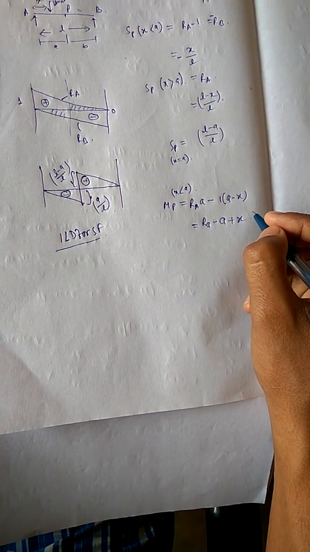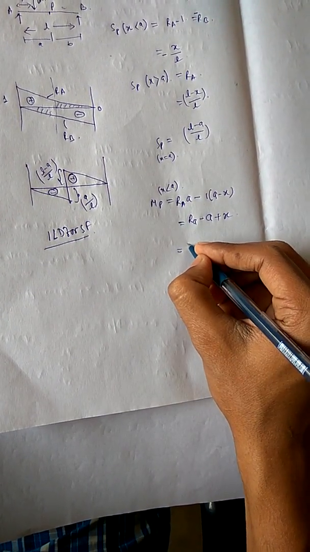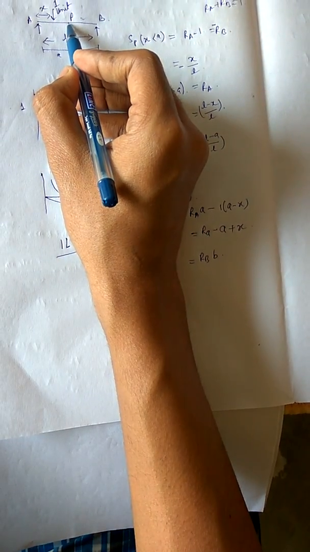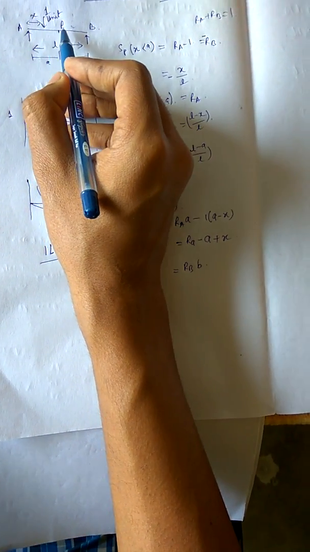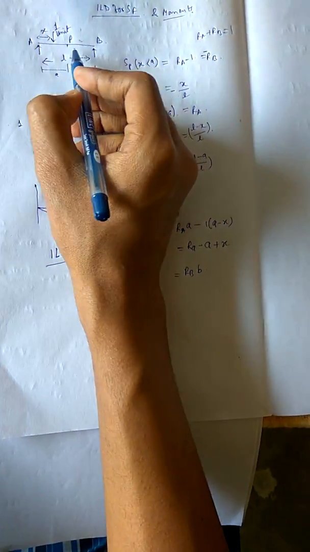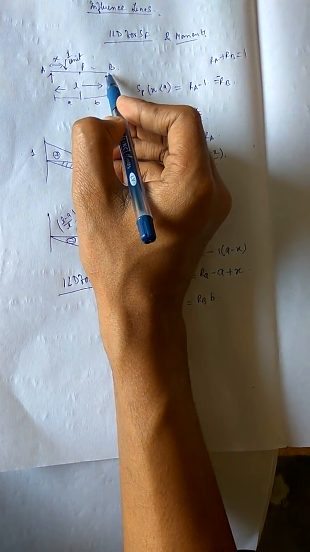So this value is equal to RB into b. Yes or no? Because at this point the moment is RA into a minus 1 into the remaining part, and if you see from the other side, the value is RB into b.